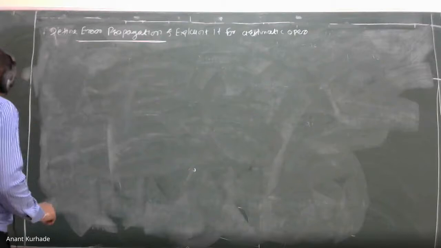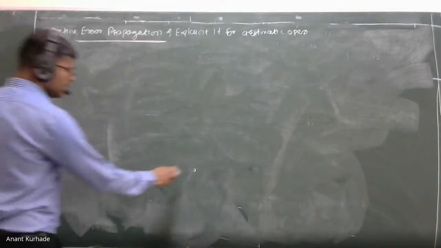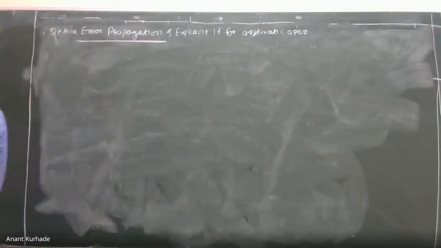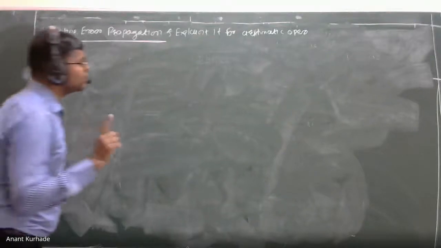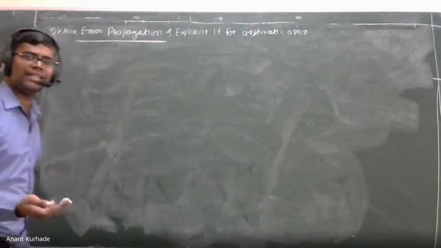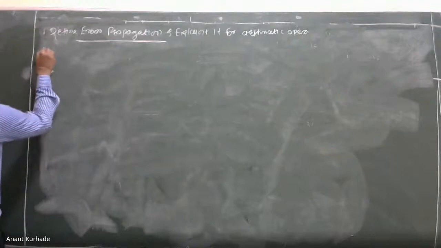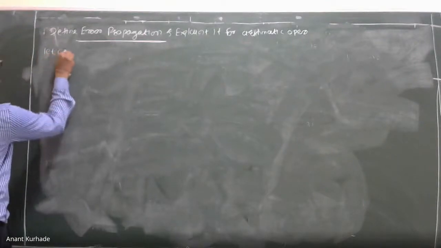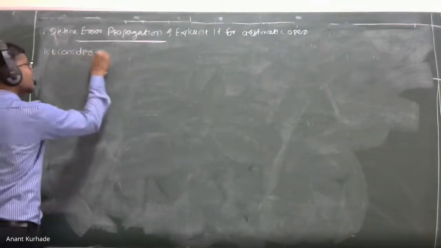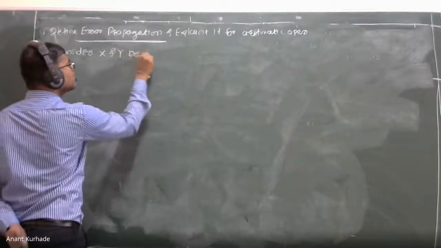Now see, we must know that we require two numbers. Don't take actual numbers; we can take alphabets. So you can write: let capital X and capital Y be the two numbers.